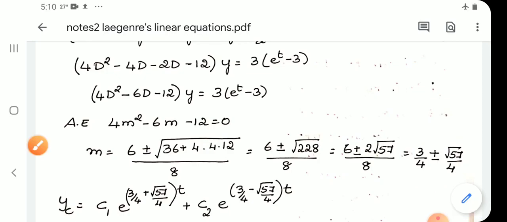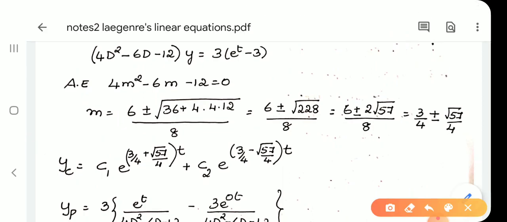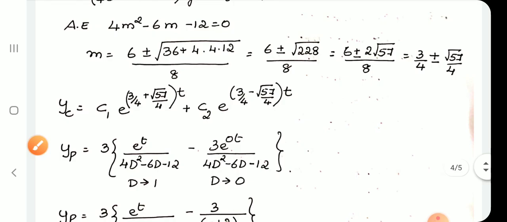So both are real roots. The complementary solution for real roots is written in the form yc is equal to c1 e power (3 by 4 plus square root of 57 by 4) into t, plus c2 into e power (3 by 4 minus square root of 57 by 4) into t. So this is our yc.